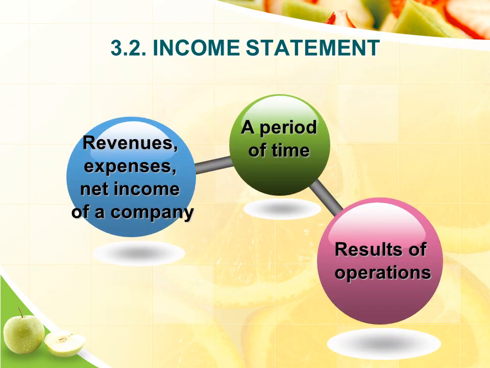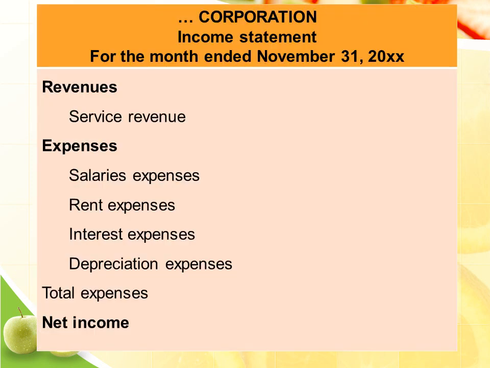The second financial statement is the income statement. The income statement reports revenues, expenses, and net income or net loss of a company for a period of time. Remember, the difference between the revenues and expenses is identified as the net income or net loss, and income statements reflect results of operations of the company. This is the income statement form of a corporation.